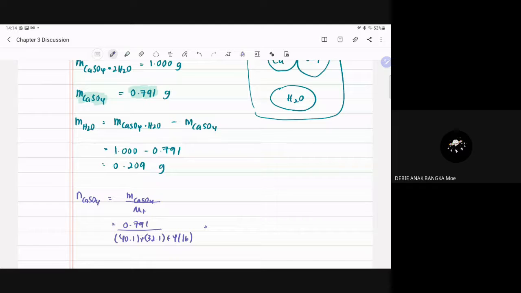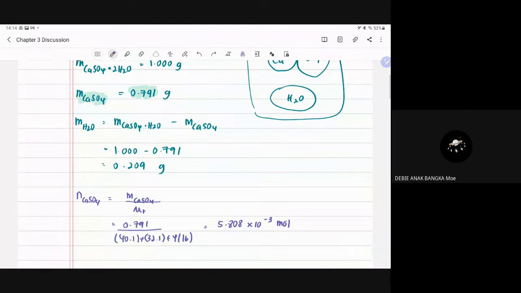You should get the molar mass as 0.791 divided by 40.1 plus 32.1 plus 4 times 16. The number of moles should be 5.808 times 10 to the minus 3 mole. Okay. Kalau kamu jawab sampai part yang ini, then you get some sort of marks lah.